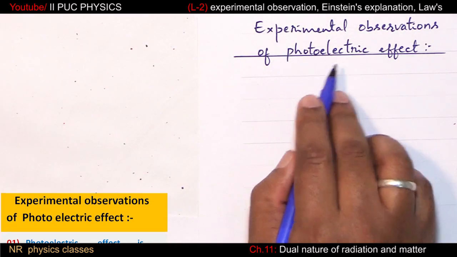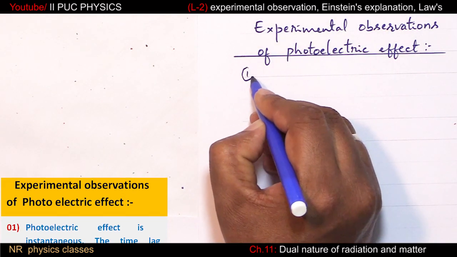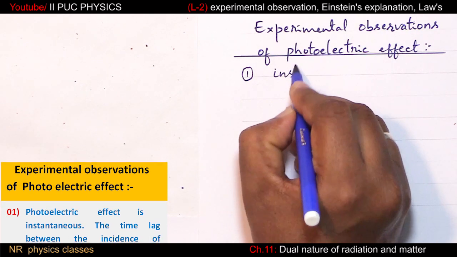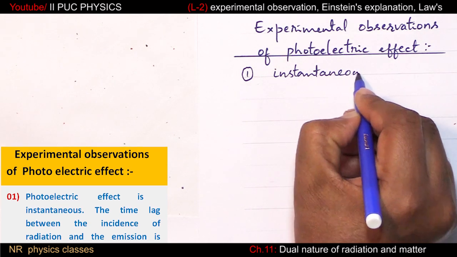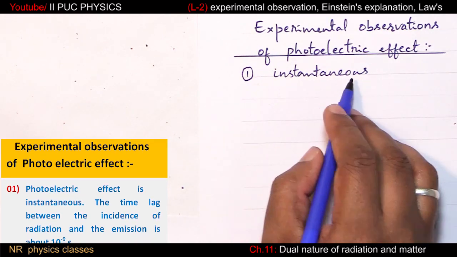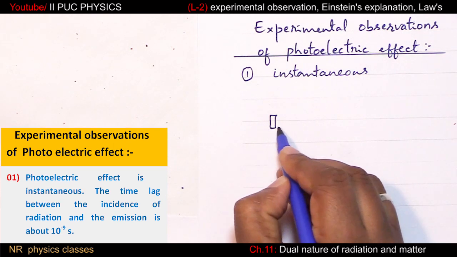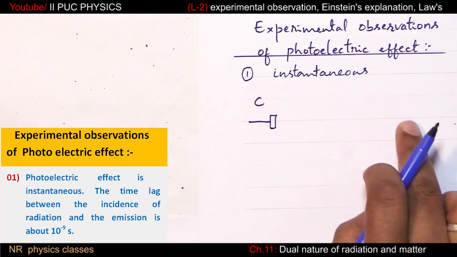Experimental observations of photoelectric effect. So first point, photoelectric effect is instantaneous. Photoelectric effect is instantaneous means, if this is the cathode, of course there is an entire arrangement.